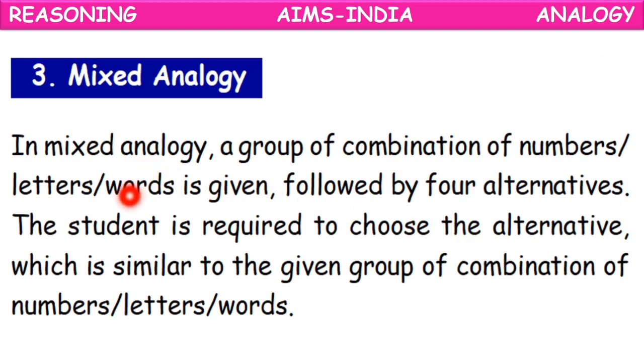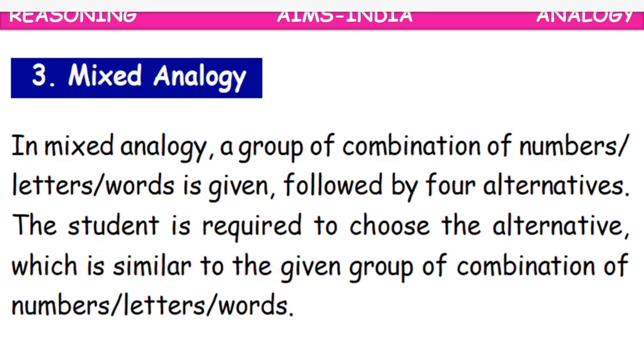Next, mixed analogy. Now we have learnt about word analogy and letter analogy. The next one is mixed analogy. In mixed analogy, a group of combination of numbers or letters or words is given, followed by 4 alternatives. The student is required to choose the alternative which is similar to the given group of combination of numbers, letters or words.